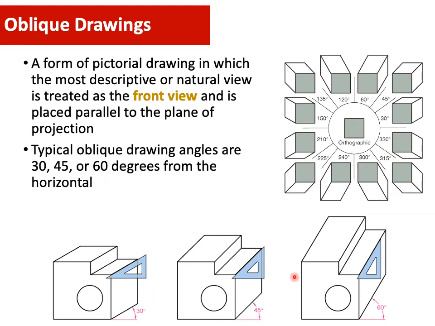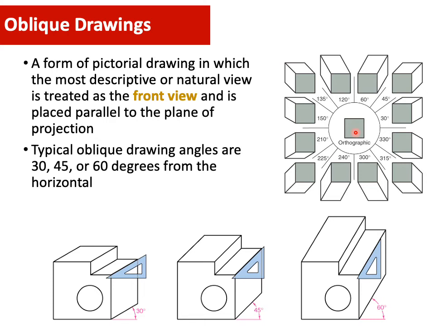This one shows different angles of the oblique drawings. As you can see here, it can be 60, 45, or 30 degrees. It can be reversed, but you need to make sure the front view is directly in front of you.